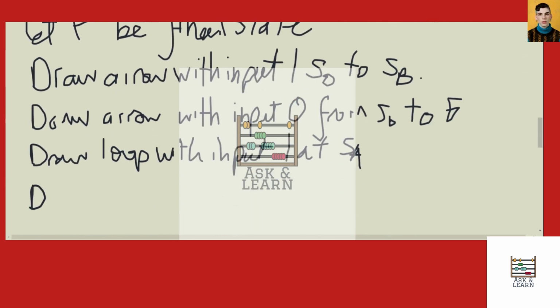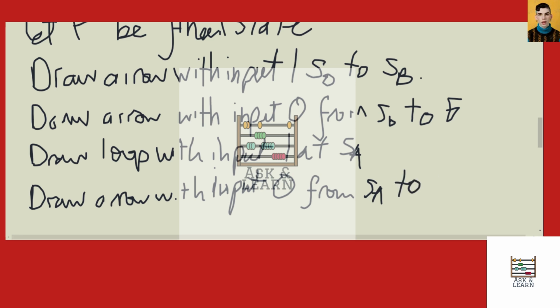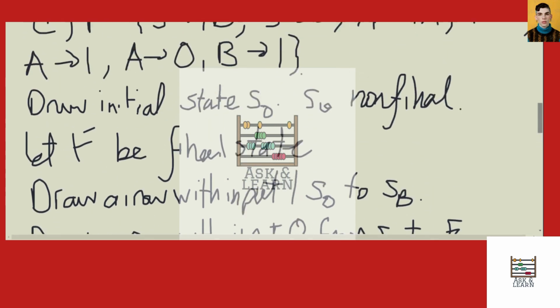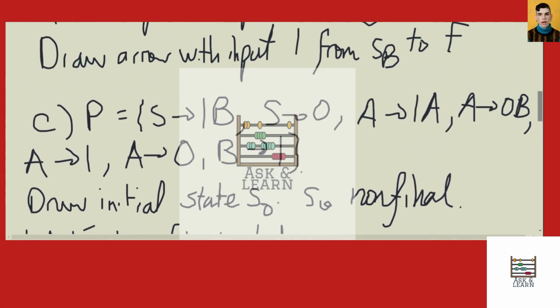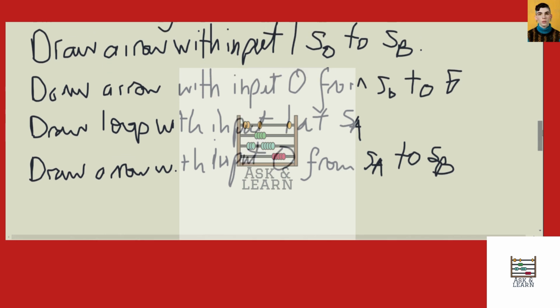And we'll draw an arrow with a label of 0 from SA to SB, where SB corresponds to B, and we see that this represents that A can be replaced by 0B.